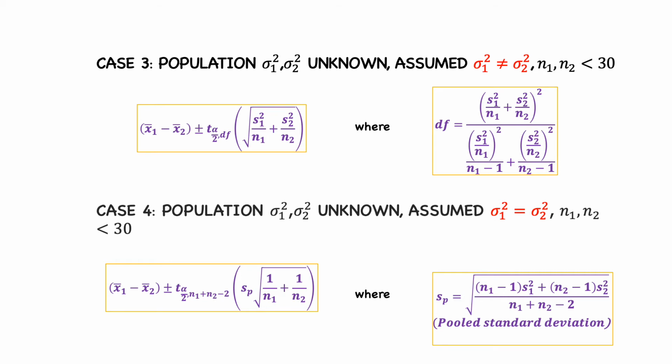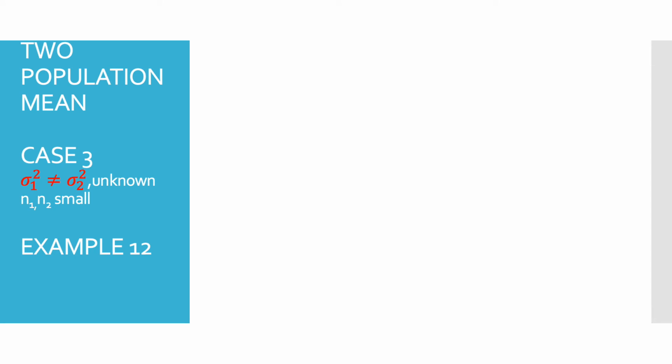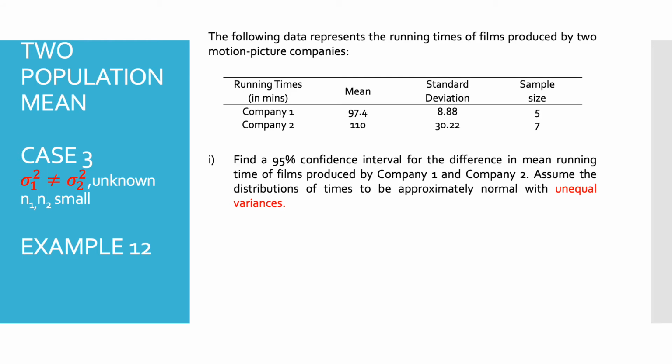Let's take a look at case number 3, when we assume the standard deviations are unequal. Look at this example. The following data represent the running time of films produced by two motion picture companies.